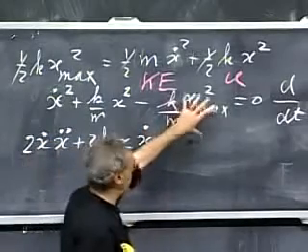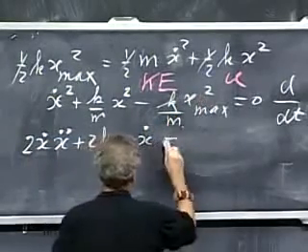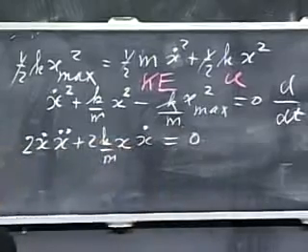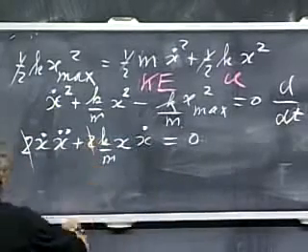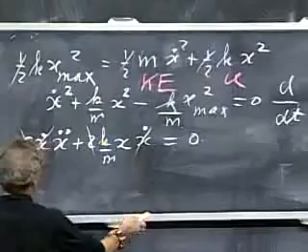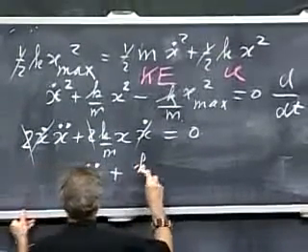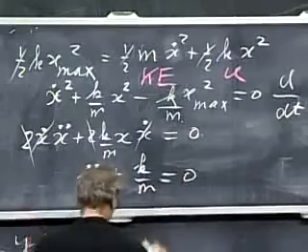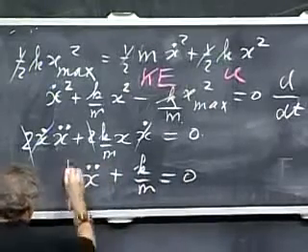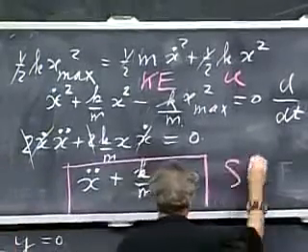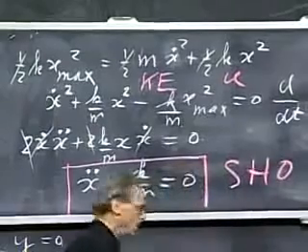This is a constant, that's the total energy when I started, so the whole thing equals 0. I lose my 2, I lose my x dot because it's 0, and what do I find? x double dot plus k over m x equals 0. And this makes my day, because I know this is a simple harmonic oscillation.